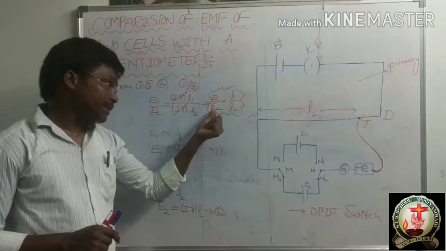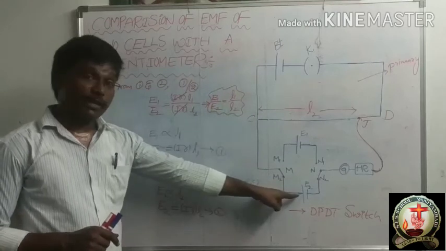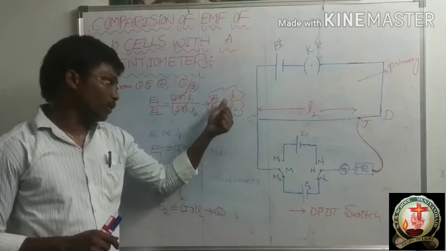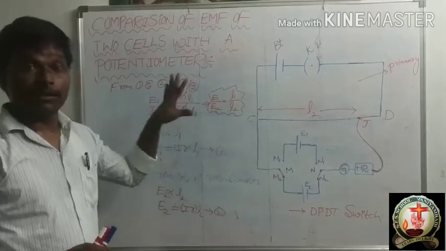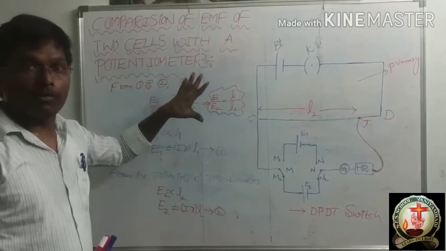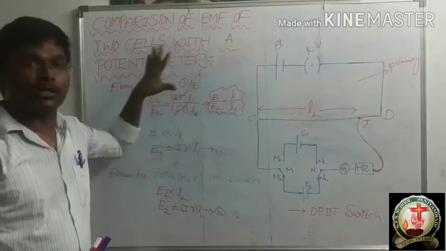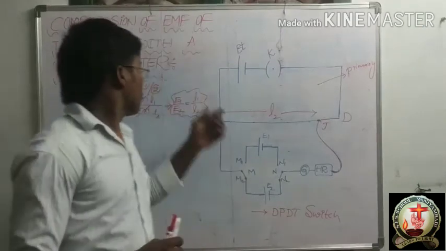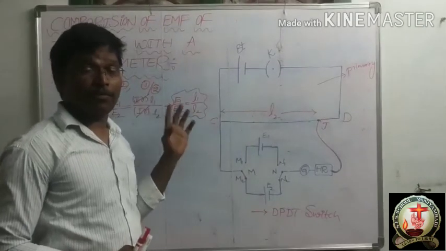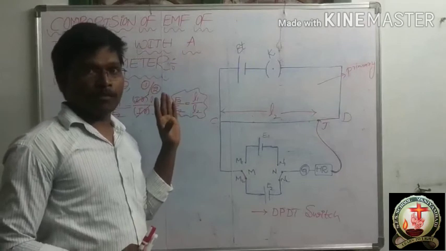When E2 is connected with the secondary circuit, the balancing length is L2. So E1 by E2 is equal to L1 by L2. This is the final expression for the comparison of the EMF of two cells.